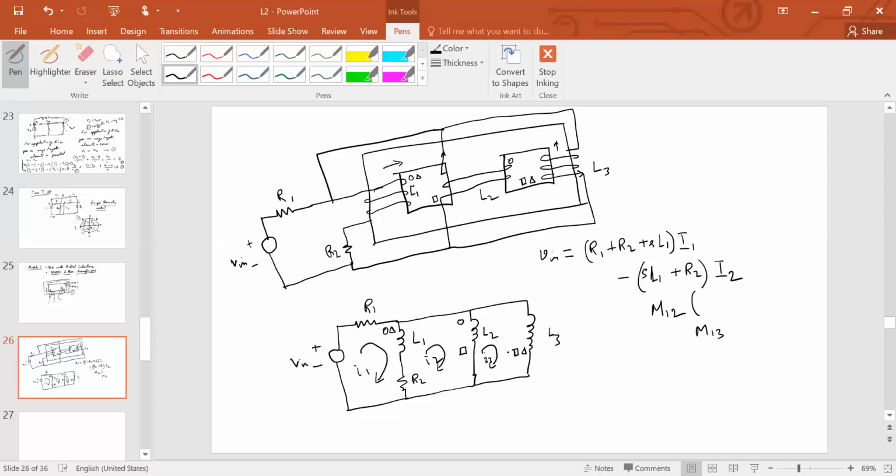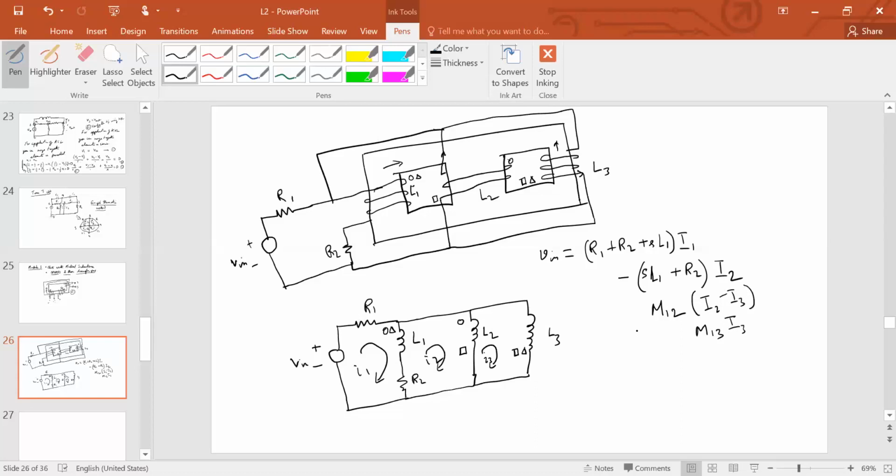Let me write the currents that are flowing through this. Okay. So remember that the mutual induction here in L1 is due to the current that is flowing in L2. The mutual induction in L1 due to L3 is owing to the current that is flowing through L3. So the current that is flowing through L3 is just I3, and this is going to be I2 minus I3.